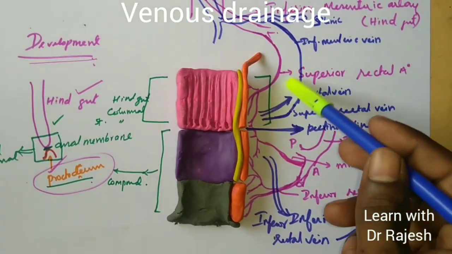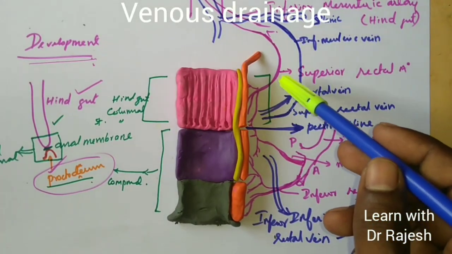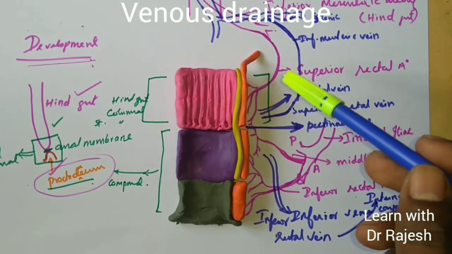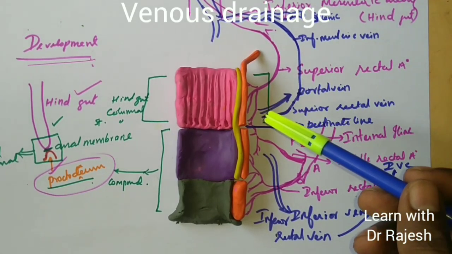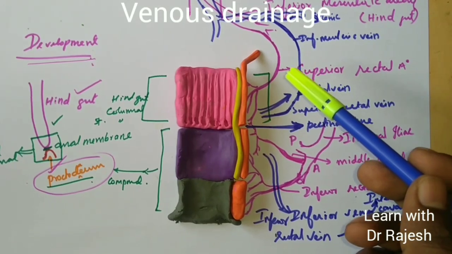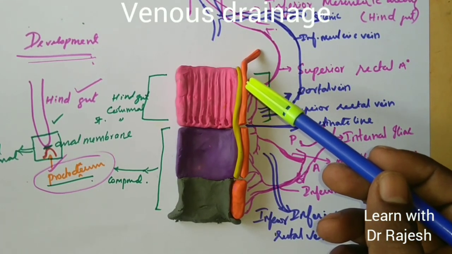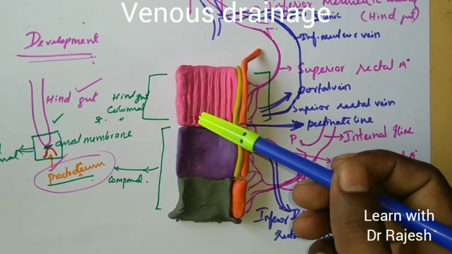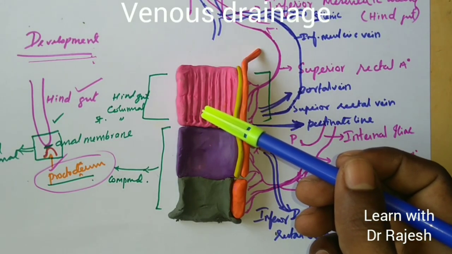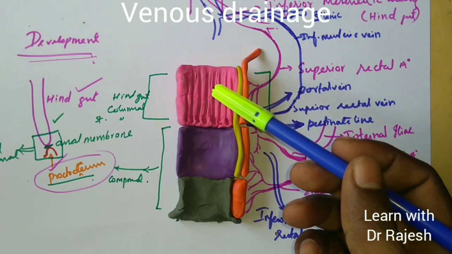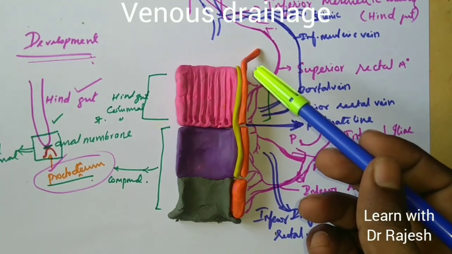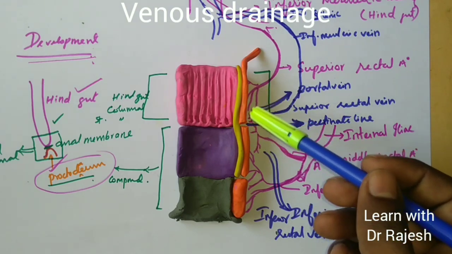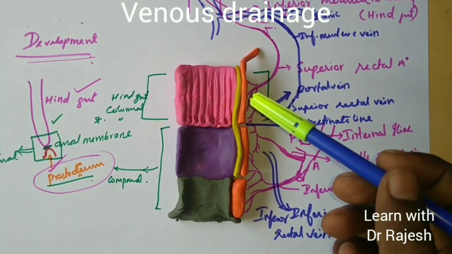Apart from these venous anastomoses, the internal rectal venous plexus also receives arterial anastomoses, containing multiple arteriovenous anastomoses mainly from the superior and the middle rectal arteries.